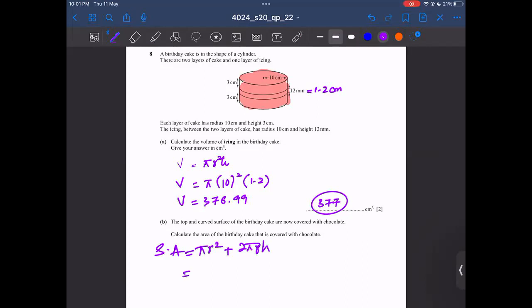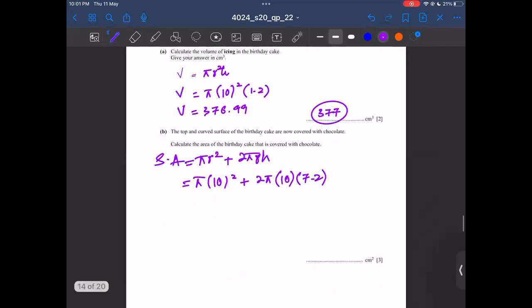The radius value is 10 for the top surface. The curved surface area has the radius value again 10. The height is going to be 1.2 plus 3 plus 3. The height is 3 plus 3, 6, plus 1.2, that is 7.2 centimeter. Now you're going to put these values in the calculator.